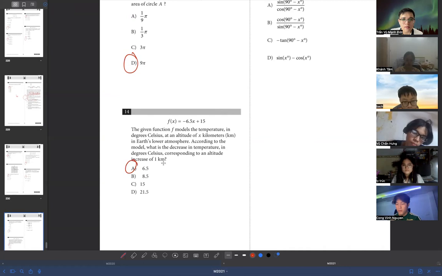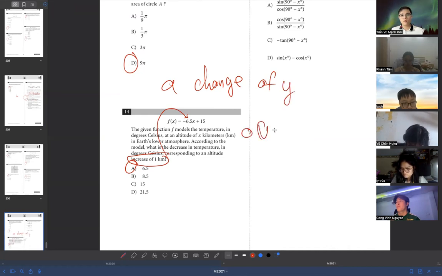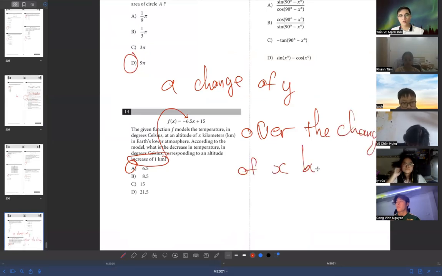14A, a corresponding increase of 1. This one is very interesting. An increase of 1 is basically interpreting the slope, which is the change of y over the change of x by 1 unit. Remember this phrase, it is the fixed term, and it will always be 1 unit.